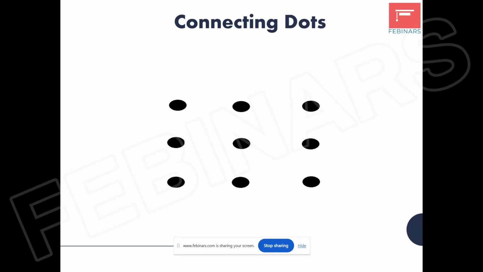Are you guys ready with the puzzle? Connect the 9 dots with only 4 lines without lifting your pencil or pen. Say yes in the chat box if you are ready with the puzzle.